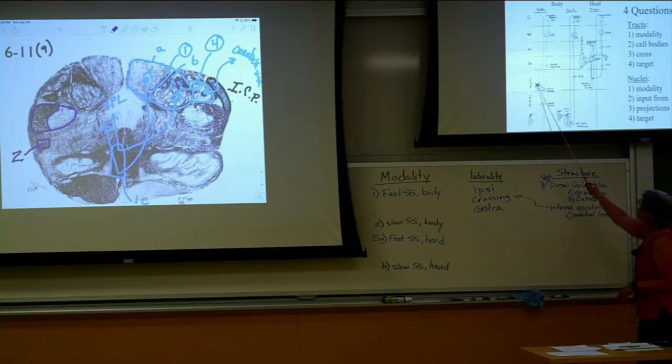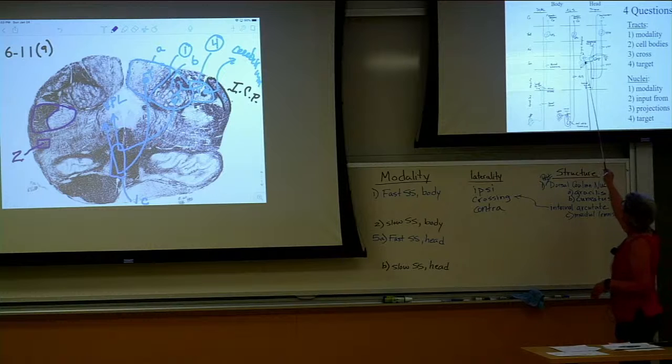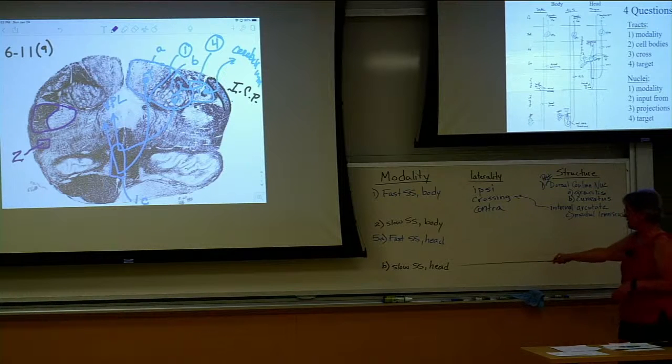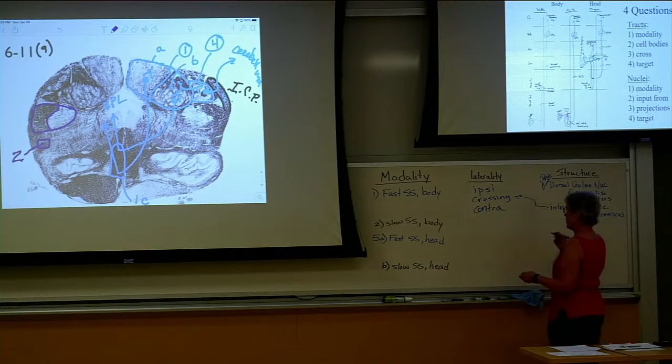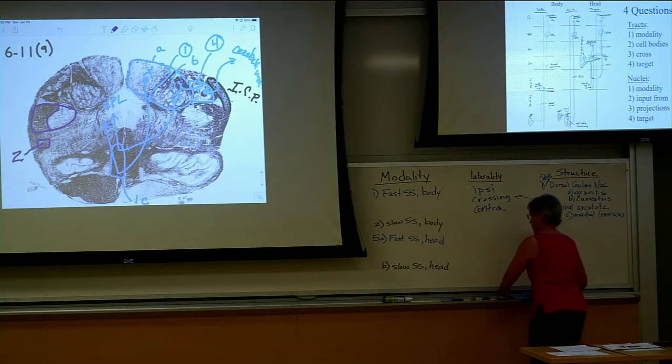Okay, we're in the inferior portions of the medulla. There's one more thing we have to find, and that's the pathway for slow somatosensory information from the head. Oh, goodness, I didn't fill this in on the board, which I should have.